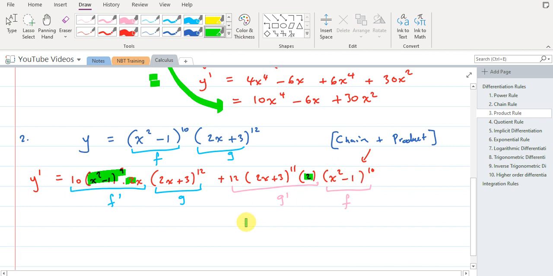And then we can also see that 2x plus 3 to the power 11 is also a common factor, right? So HCF. And we can also see from 10 and 12, another 2 can come out. So we will actually take out times 2. So 2 times 2, which is 4.